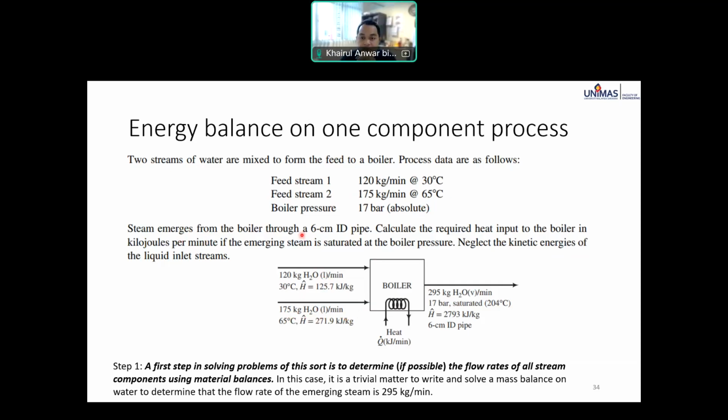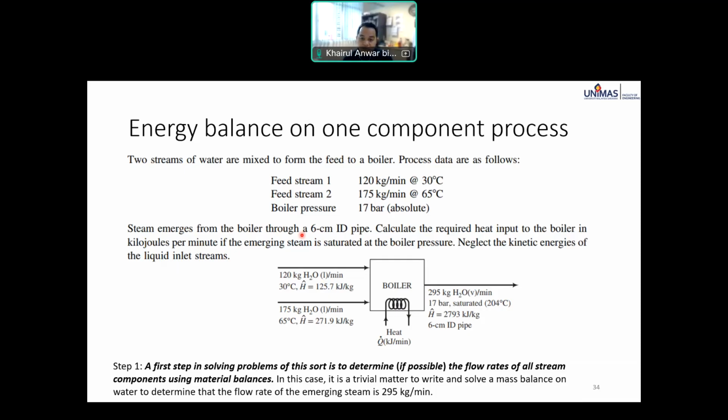Calculate the required heat input to the boiler in kilojoule per minute if the emerging steam is saturated at boiler pressure. Neglect the kinetic energies of the liquid input streams.